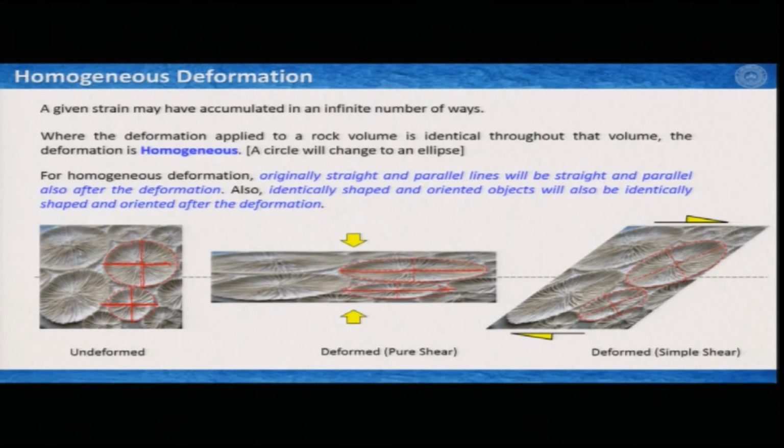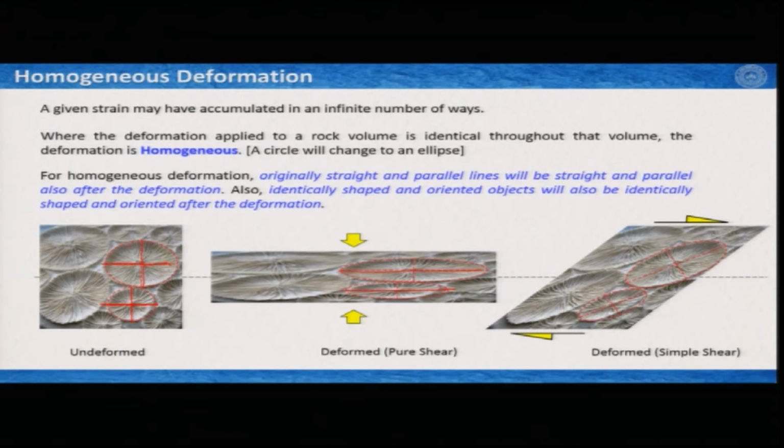So in that context it is homogeneous. The second context was identically shaped and oriented objects will also be identically shaped and oriented after deformation. What we see here, these were circles, and after the deformation all of them became ellipses. So shape has changed, but they changed in a similar way.